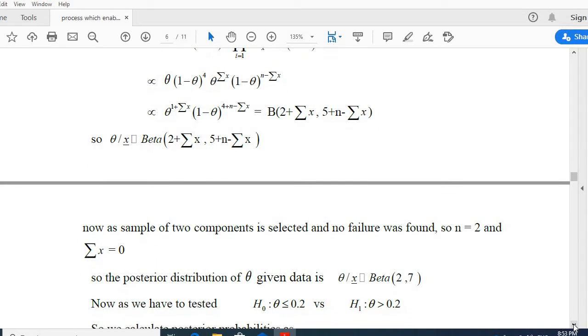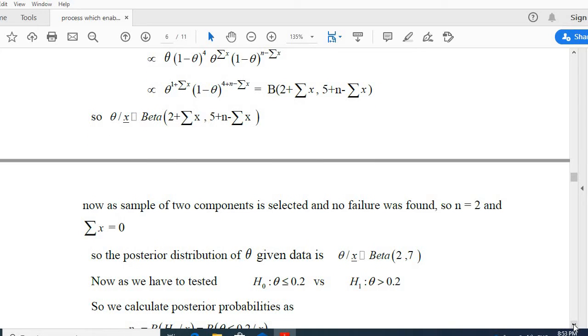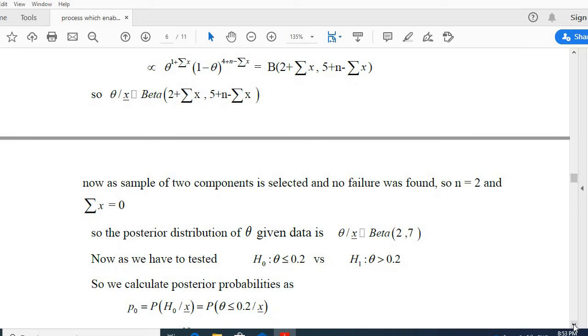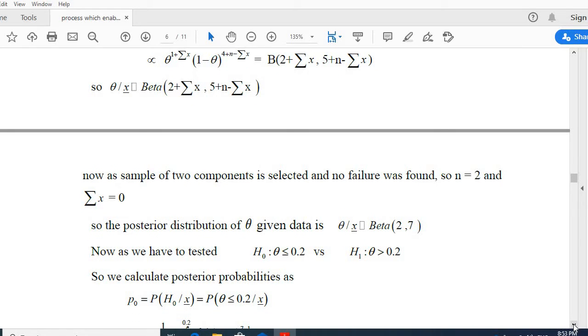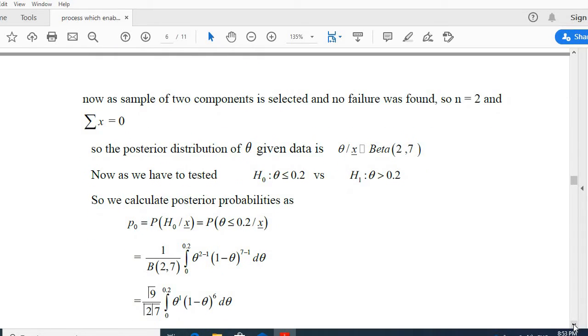Now as we are testing H0: theta is less than or equal to 0.2 versus H1: theta is greater than 0.2, we calculate the posterior probabilities as P0 is equal to P(H0 given x) is equal to P(theta less than or equal to 0.2 given x) is equal to 1 over B(2,7) integral from 0 to 0.2 of theta raised to power 2 minus 1, (1 minus theta) raised to power 7 minus 1 d theta.